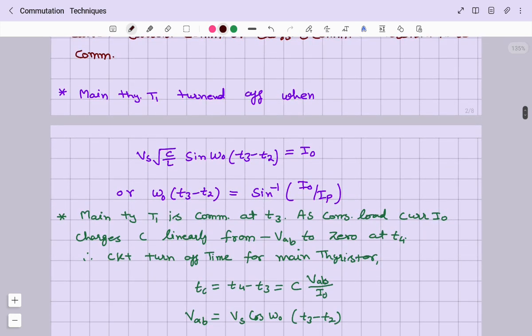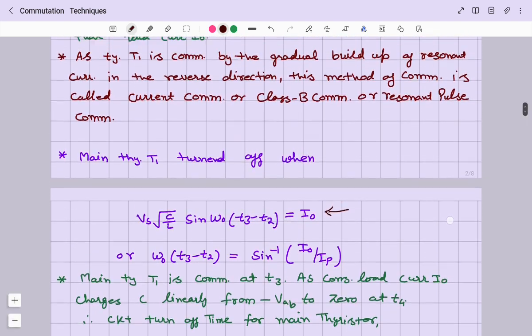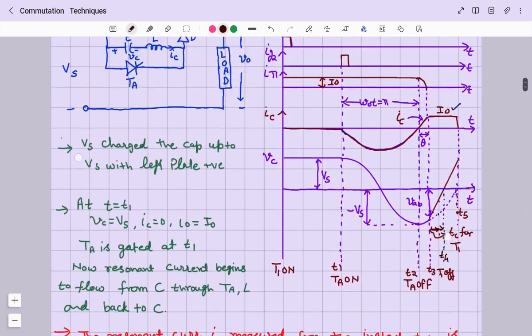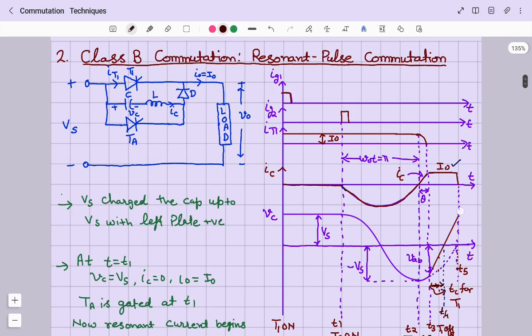So main thyristor turns off when the current flowing through this is equal to I0. Here you can see, all right? So you can figure out how much time it will take to turn off after initializing the process.